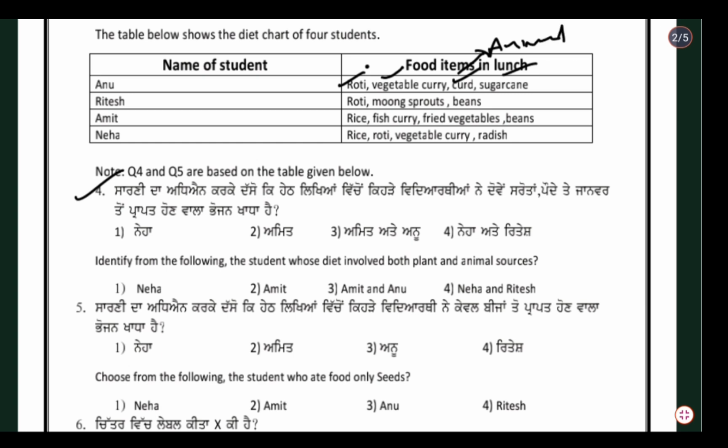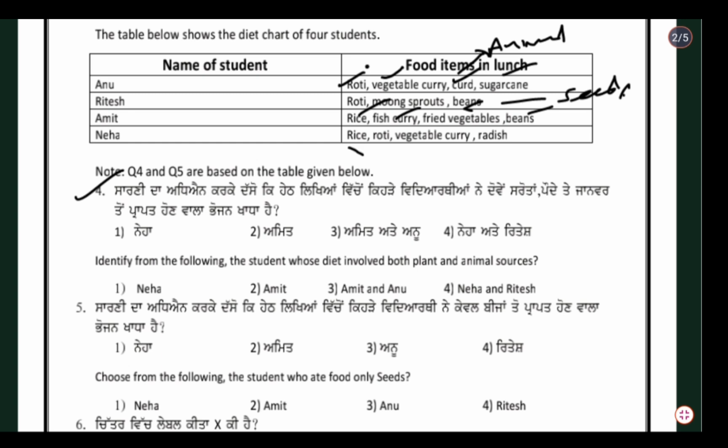Ritesh eats roti, moong sprouts and beans. So all these are seeds from plants. Amit eats rice, fish curry, fried vegetables and beans. Rice and fried vegetables are from plants. Beans are also from plants, in the form of seeds. Fish curry is animal food.